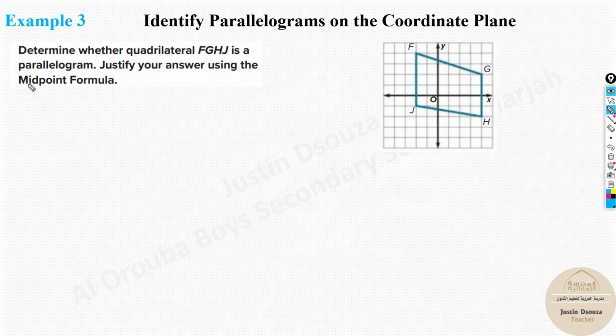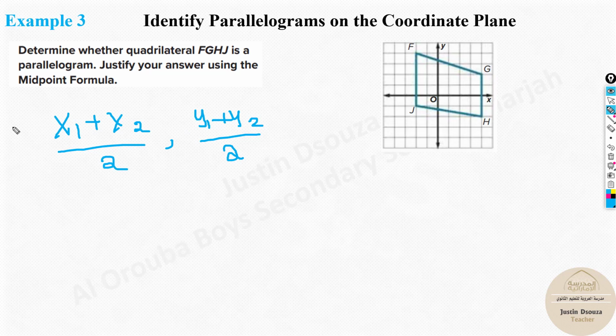Now here, the midpoint formula is this, the way I'll write it out: x1 plus x2 divided by 2, that's for the x coordinate, and y1 plus y2 divided by 2. Now this is not the distance formula. You might remember the distance formula because you have used it many times.